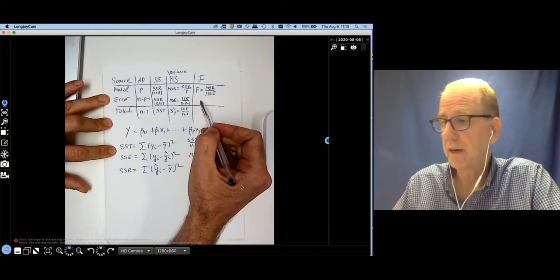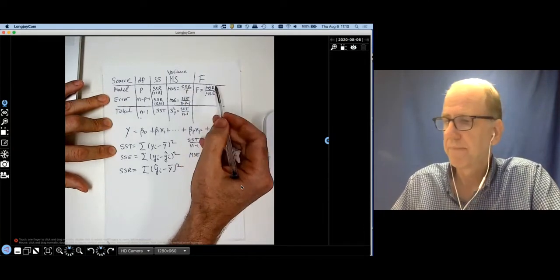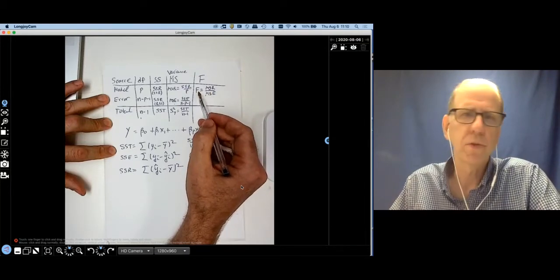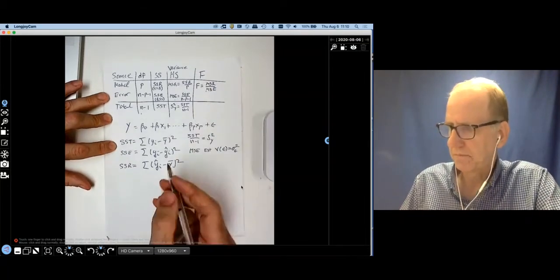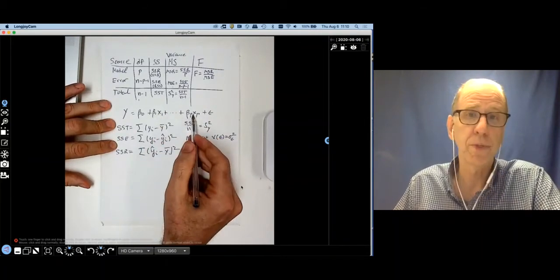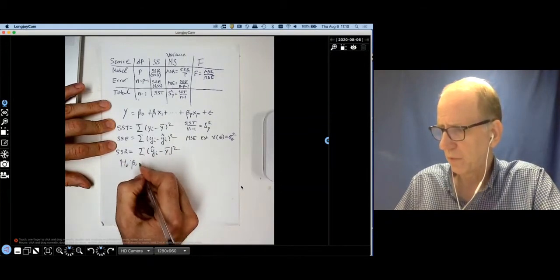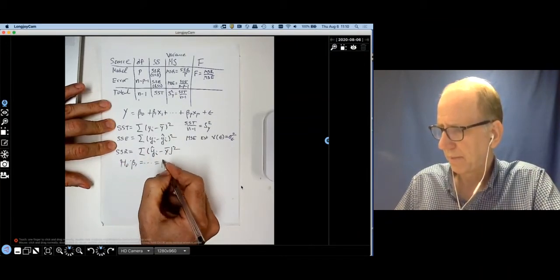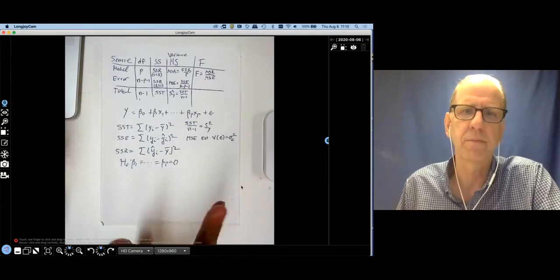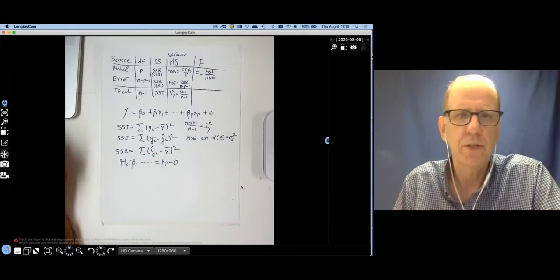On the other hand, if my errors are very big compared to what the model explains, F is very small. And so we use this to test the null hypothesis that all of my slopes, not the intercept, but H naught: beta 1 through beta p simultaneously equal to 0. And so when that's big, we reject that. That's a little bit more of a review than you maybe need, but I just thought I'd throw it in.